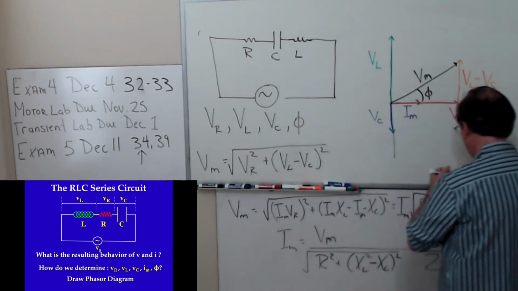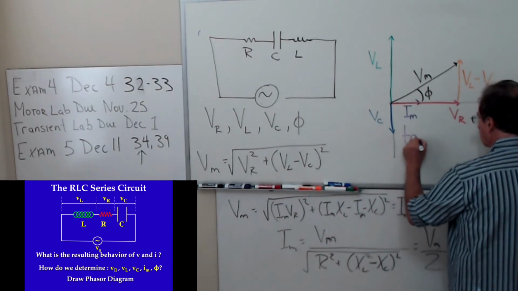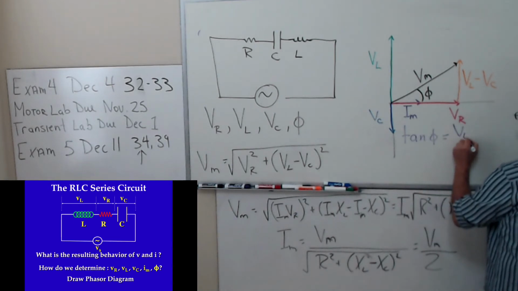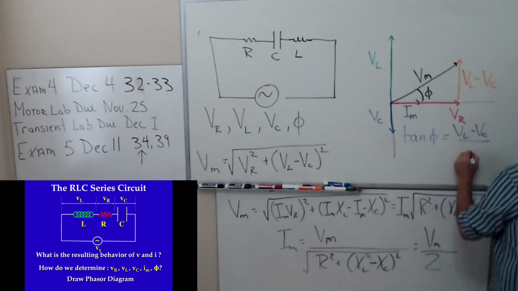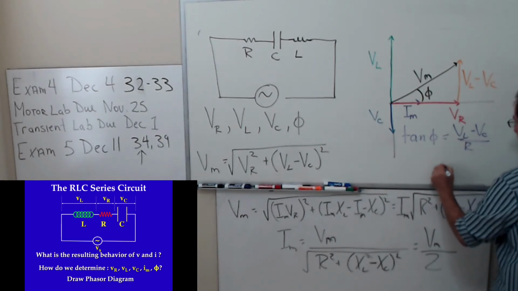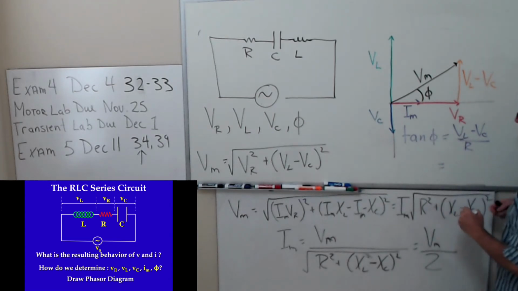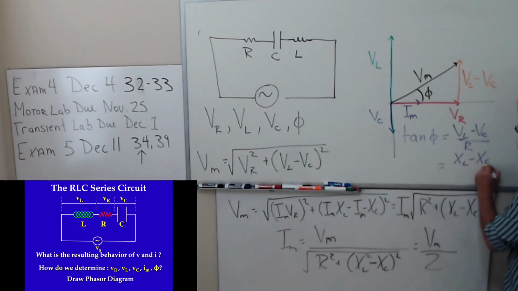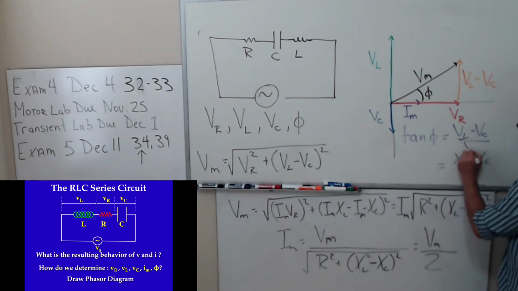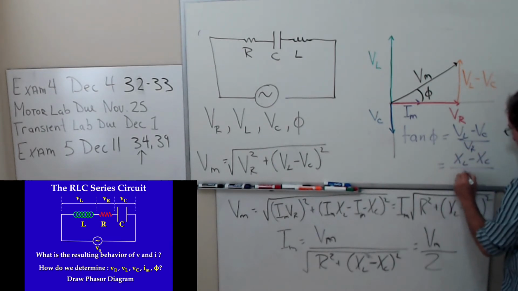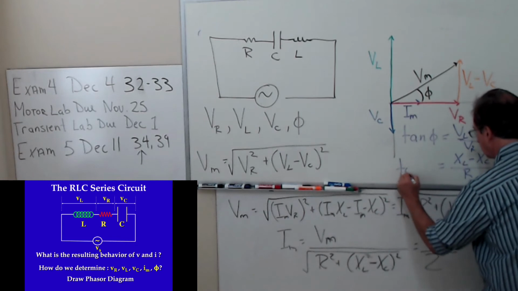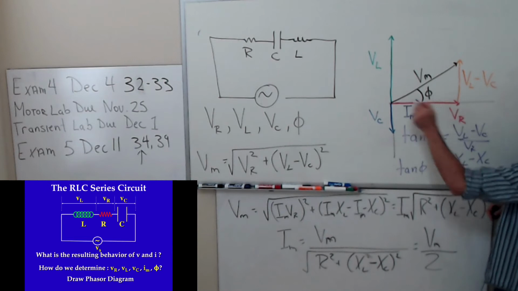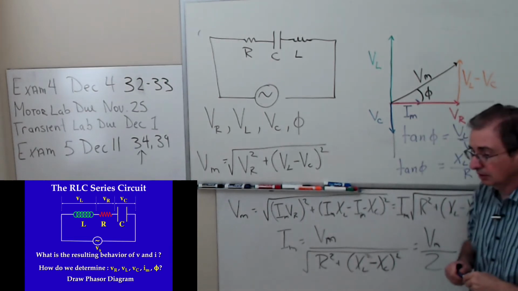The tangent of phi is V sub L minus V sub C over V sub R, which is the same thing as X sub L minus X sub C over R. This triangle that I have formed is called the impedance triangle.